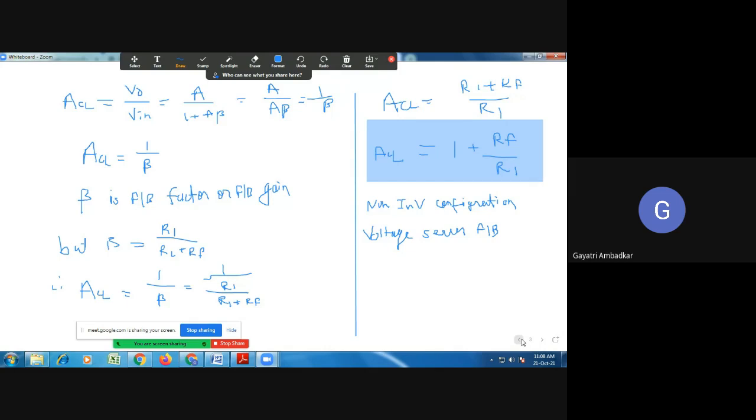Yes? 1 by beta. That value is, we have calculated it in terms of 1 by beta, 1 plus RF upon R1. 1 plus RF by R1.